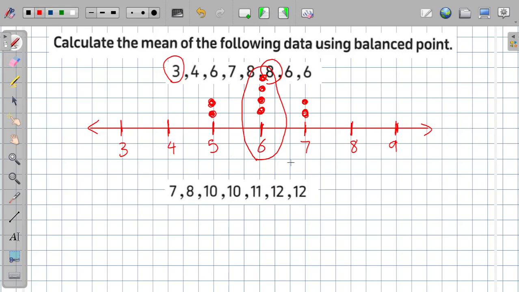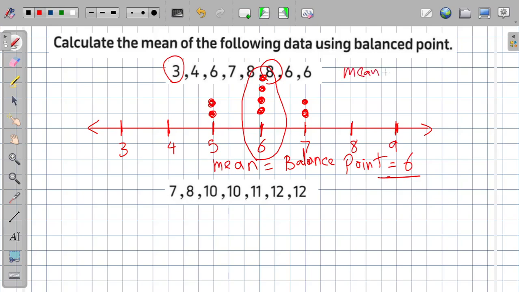So the balance point is 6. So I can say that the mean is equal to the balance point is equal to 6. So the mean of this data set will be 6.